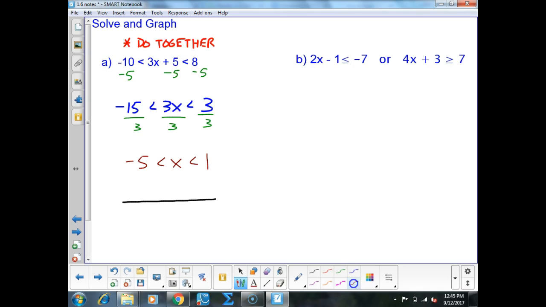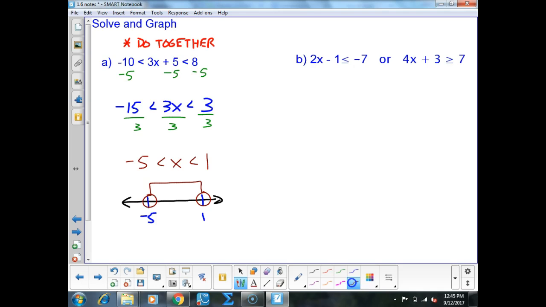On a number line, now I've got two numbers I need to be concerned about, negative 5 and positive 1. In both cases, I'm going to have open dots and a handle going in between.